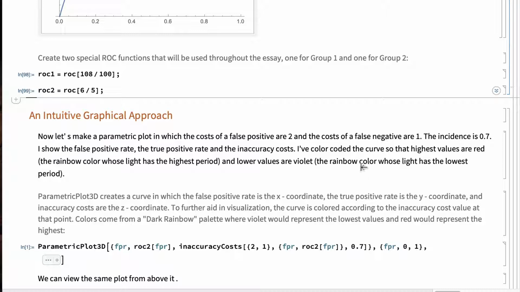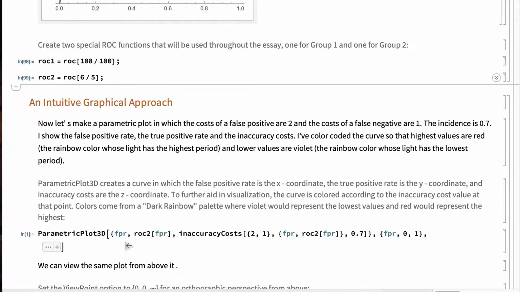Wolfram knows about that. And now let's take a look at our inaccuracy costs, where the cost of a false positive is 2, the cost of a false negative is 1, just like before. The incidence is 0.7. We're going to use ParametricPlot3D, which traces a curve in 3 dimensions in which the x-axis is the false positive rate, the y-axis is the true positive rate, so we've got the makings of an ROC curve there, and the z-axis is the corresponding inaccuracy costs.